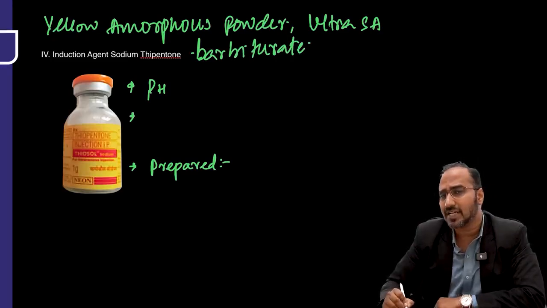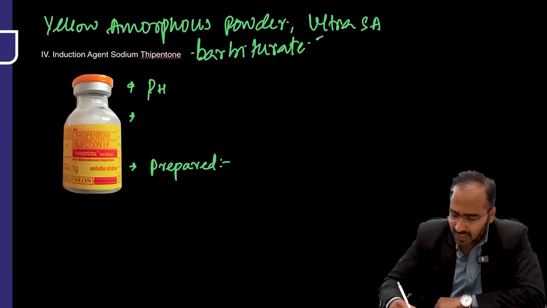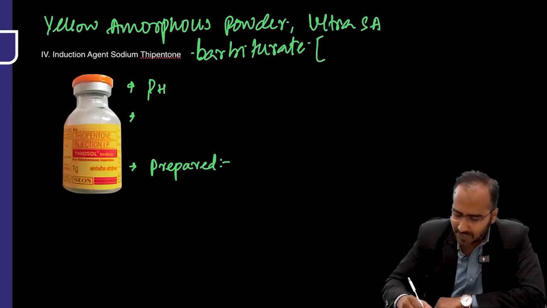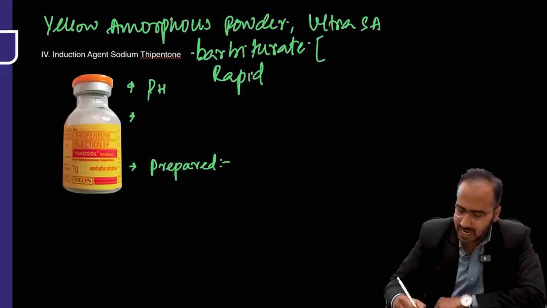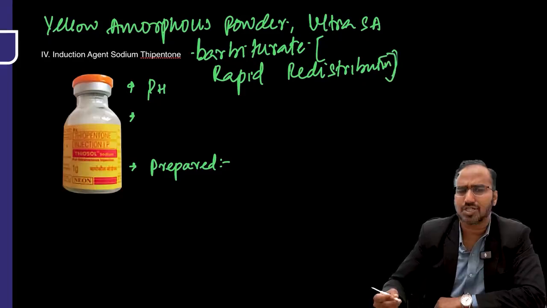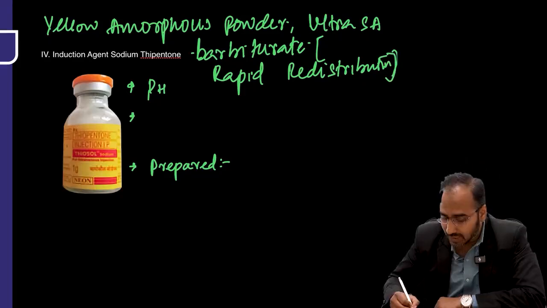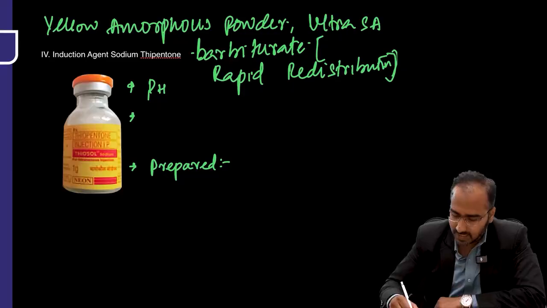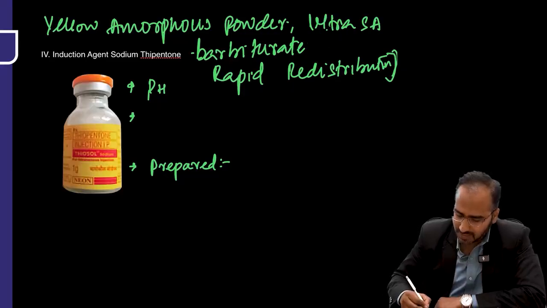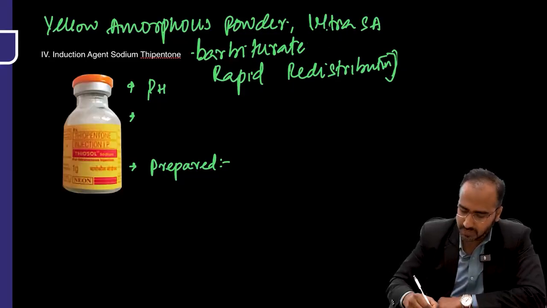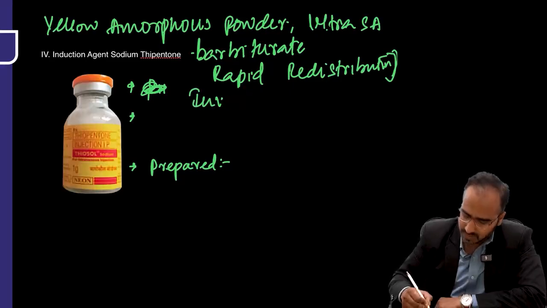The reason is that it has rapid redistribution. All drugs are short acting only, but sodium thiopentone is ultra short acting because it has rapid redistribution.